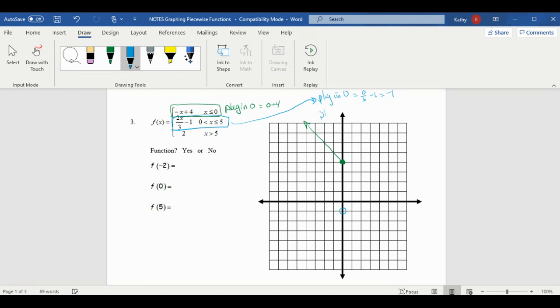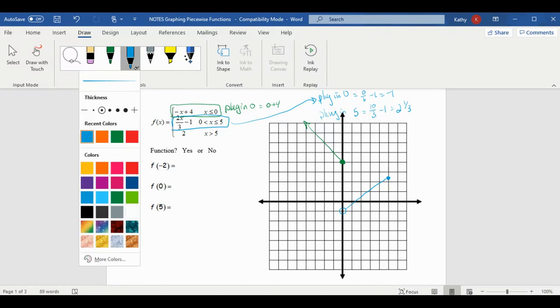We have to plug in the other end. We have to plug in 5. So we get 10 over 3 minus 1. And we end up with 2 and 1/3. So at 5, 1, 2, 3, 4, 5, we're going to go up 2 and 1/3. And this is going to be a closed circle. So this segment looks something like that.